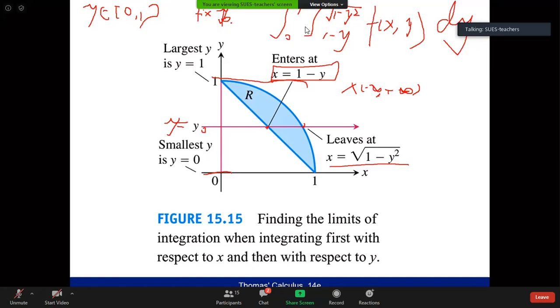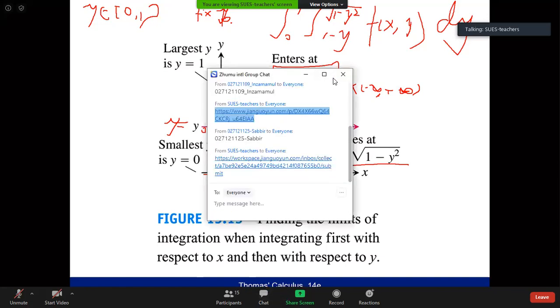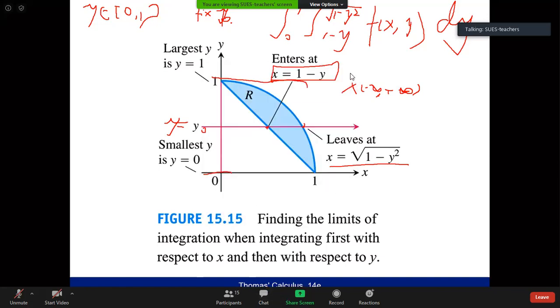It depends on how you understand it and how you want to do it. You can fix y or you can fix x. If you want to fix x first, then you have to find the smallest area which covers the whole area of the integration.